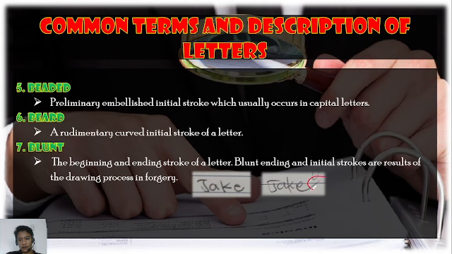Tandaan po natin, pag sinabing tapering stroke or tapering ending, ibig sabihin po nun, makapal siya tapos biglang numipis. Ma-observe natin yan usually sa ending. Makapal and then biglang nanipis, and that is a tapering stroke. That is the difference between tapering and blunt.